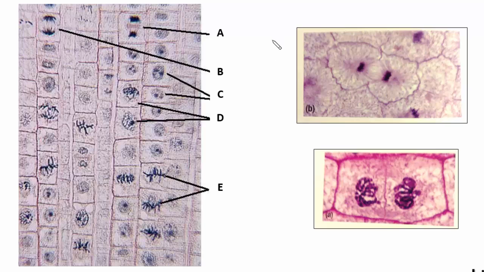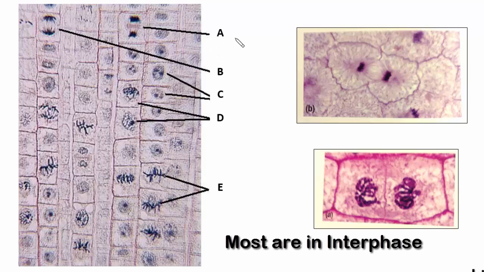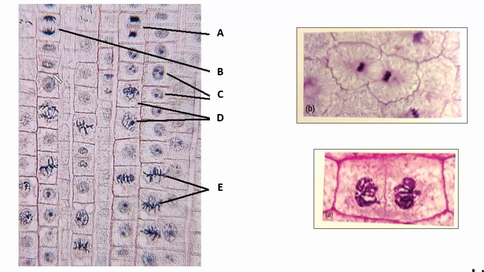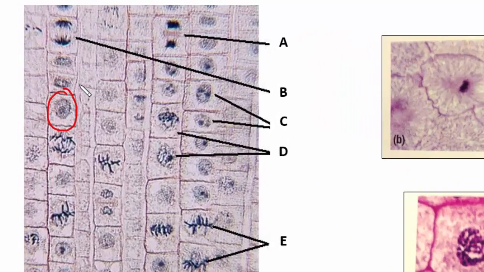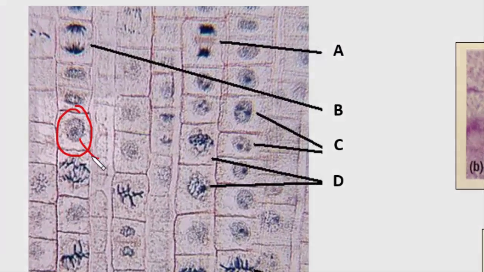Now, most of the cells in this slide are in interphase. It's called a resting phase, but they're not really resting, all right? They're growing, they're metabolizing, they're doing all those characteristics of life type things. So, for example, this cell here, we can see a nuclear membrane right there, and you can see a nucleolus, that's that dot right there.